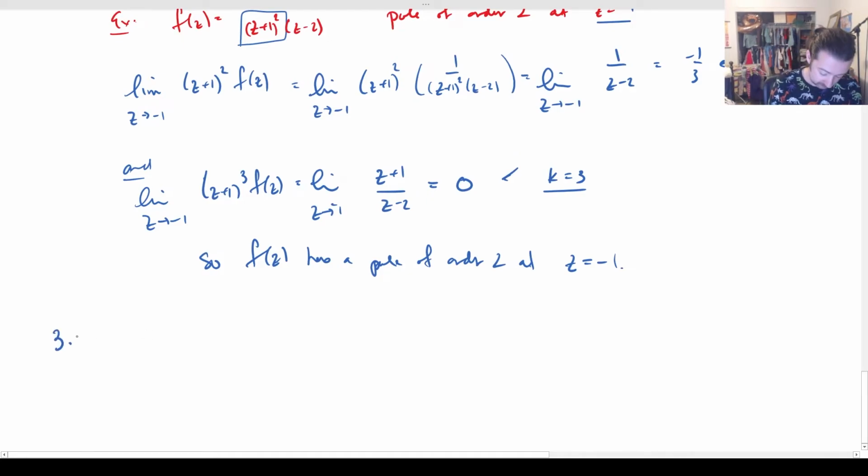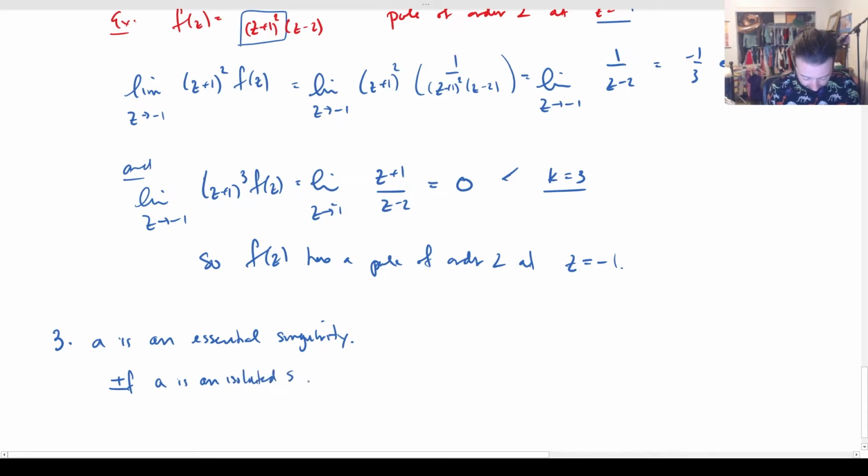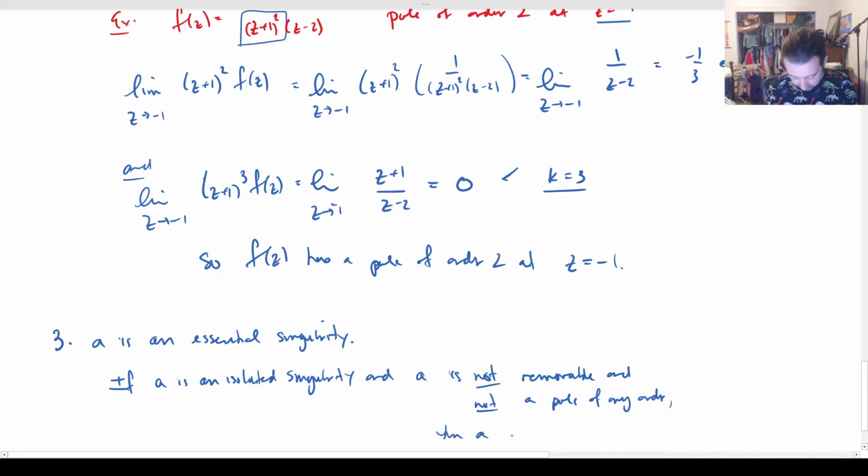The third possibility is that a is an essential singularity. A is an essential singularity if a is an isolated singularity and a is not removable and not a pole of any order, then a is essential.